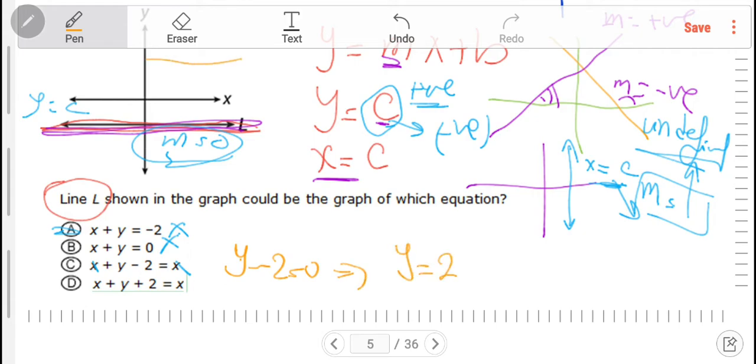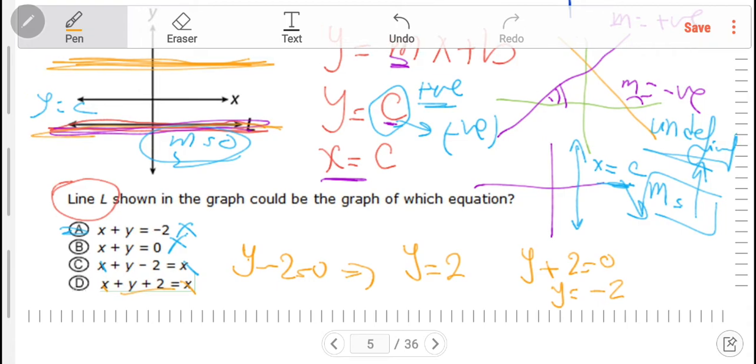The line y equals positive 2 is above the x-axis, right? Here, the same criteria, x vanishes. So y plus 2 equals 0. Y equals negative 2, which is below the x-axis. So we have to choose letter D.